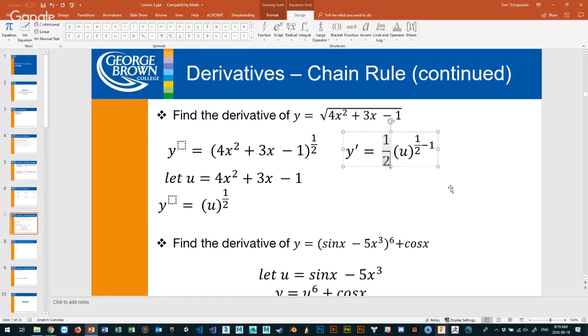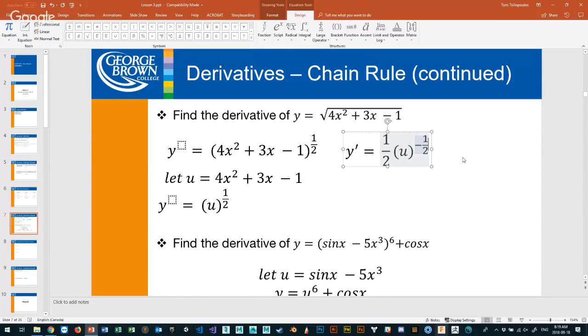So this is the answer: 1/2 u to the power of 1/2 minus 1. So that's 0.5 minus 1, which would be negative 0.5. So it'll be negative 1/2. Again, I'm just taking it really slow for people to understand what I did.